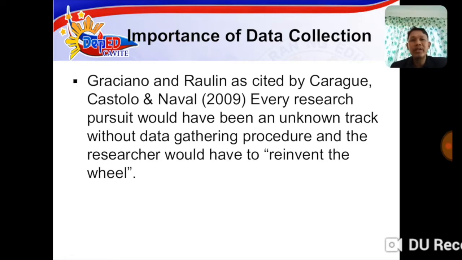And according to Graciano and Rollin, as cited by Carage, Castolo, and Naval, 2009, every research pursuit would have been an unknown track without data gathering procedure, and the researcher would have to reinvent the wheel. It means we don't have direction or the point where we actually achieve on a research quest.